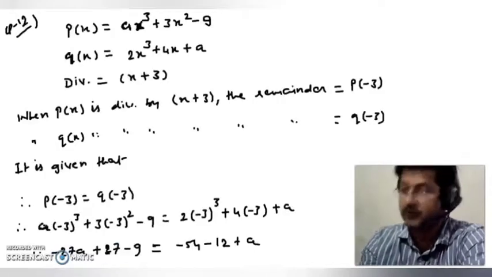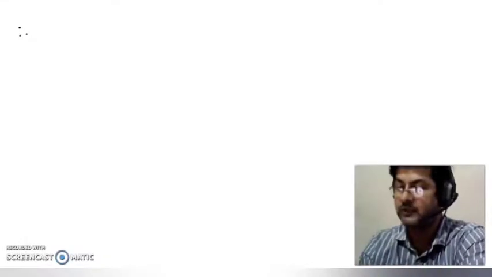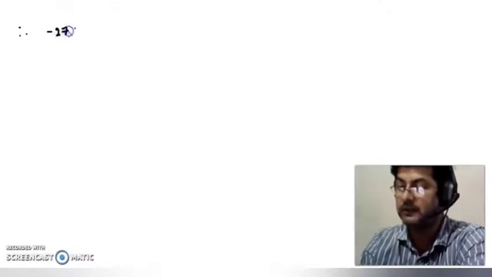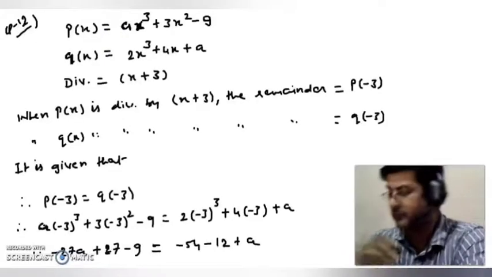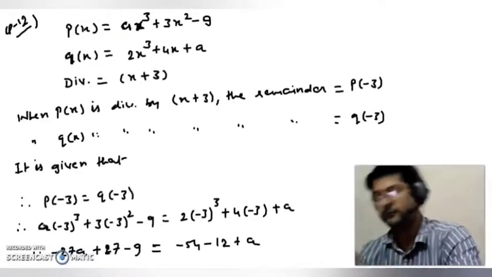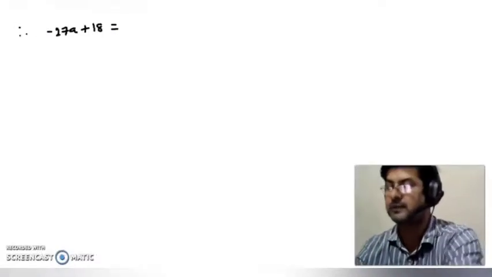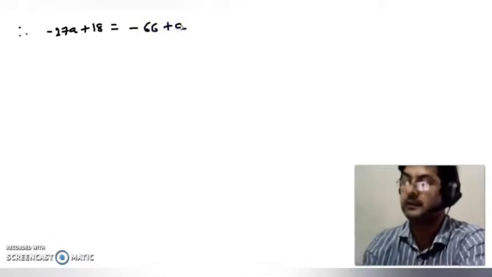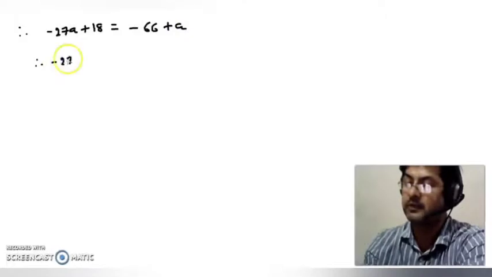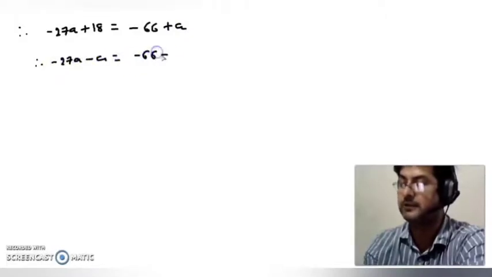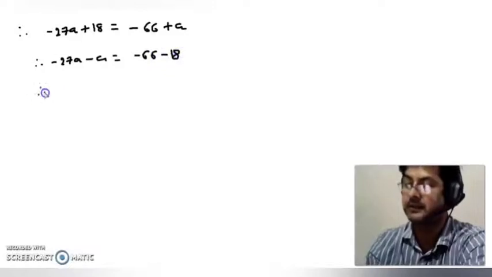Therefore minus 27a plus 18 is equal to minus 66 plus a. Therefore minus 27a minus a is equal to minus 66 minus 18.